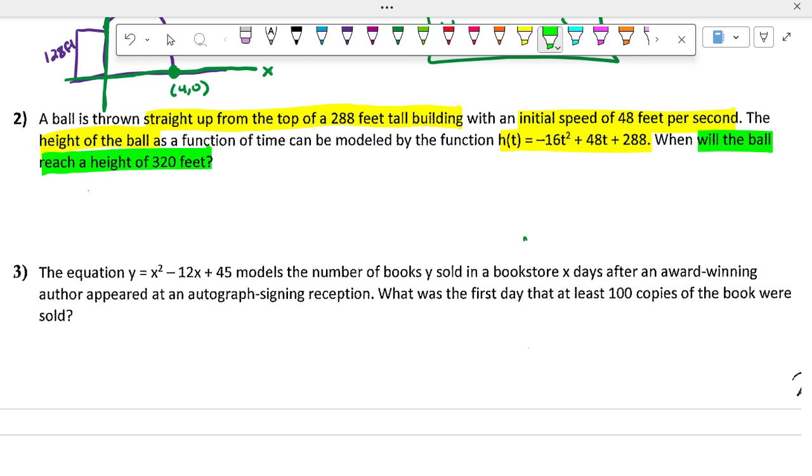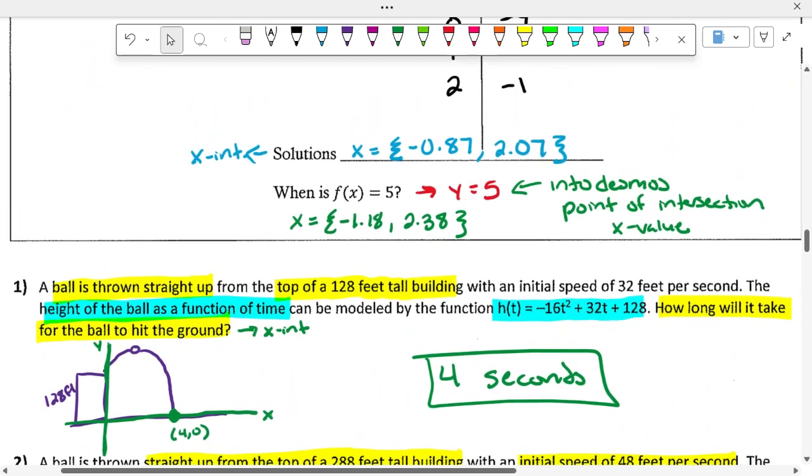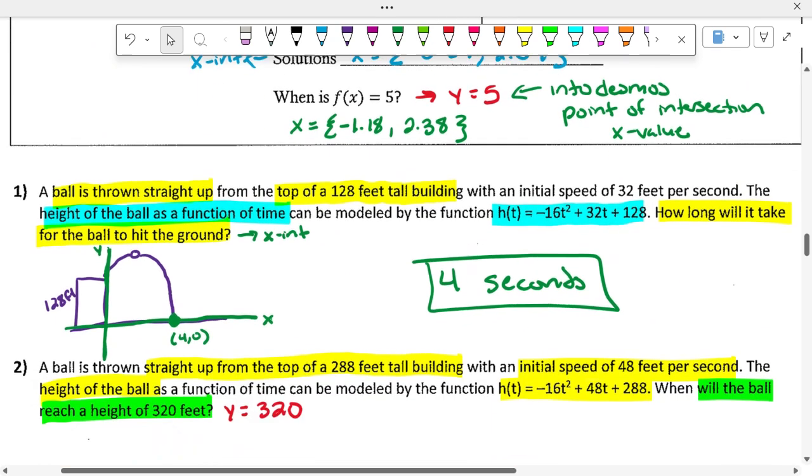What does it say? Height. All right, so if I'm talking about a height of 320 feet, that means I want y to equal 320. So we're going to do exactly what we did up here with f of x equal to 5. We're going to put it into Desmos and find the points of intersection and use those x values.